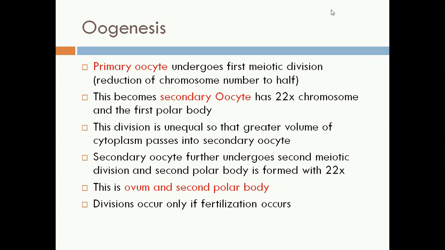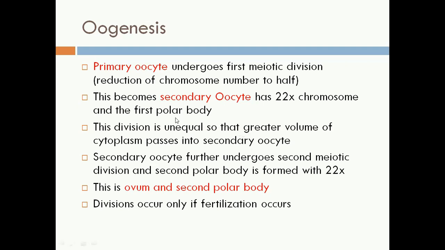So the primary oocyte here later develops into a secondary oocyte that has 22 X chromosomes and one polar body. This division is unequal, so that the greater volume of the cytoplasm is passed into the secondary oocyte, and the secondary oocyte further undergoes the second meiotic division, and a second polar body is formed and released, giving 22X plus the second polar body.